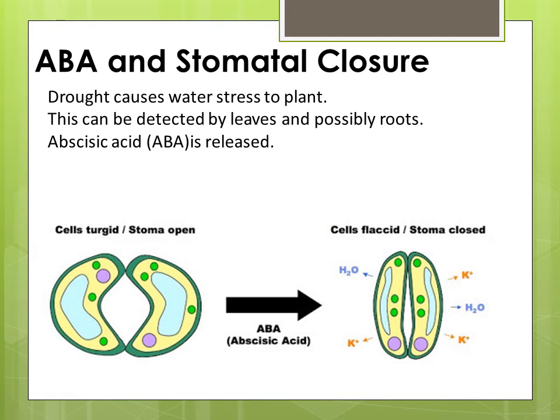If we look at stomata in these diagrams, on the left we've got a normal stomata where the cells are full of water and the stomata are nice and open.